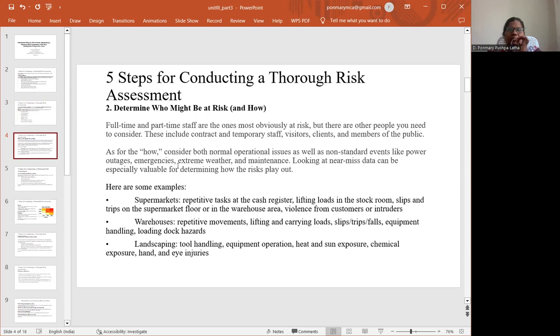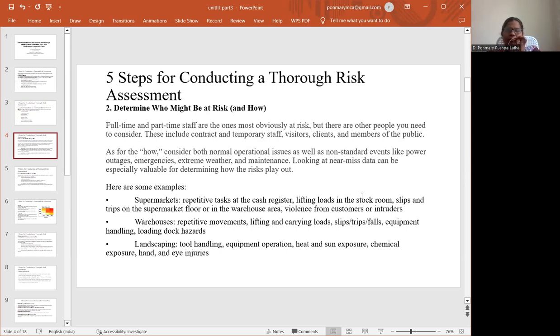The second thing is we have to determine who might be at risk. Who is at risk, whether the employee, management, or the administration. Maybe you take the supermarket. In the supermarket, we are going and buying things.